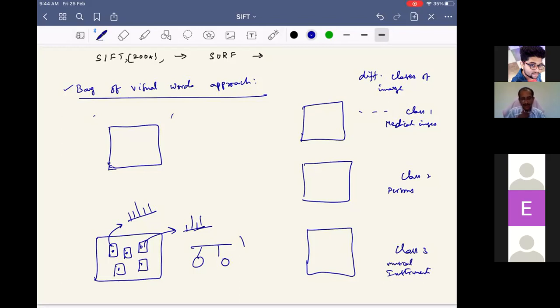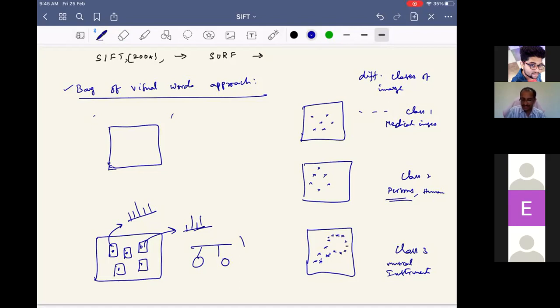Now, the idea of bag of visual words is, if you see the key points in medical images, you may get some key points. If you get them in persons or humans, you will get a different kind of key points. And if you see in musical instruments, you may get a different kind of key points. Now, the nature of key points in this class versus in the other class will be different.